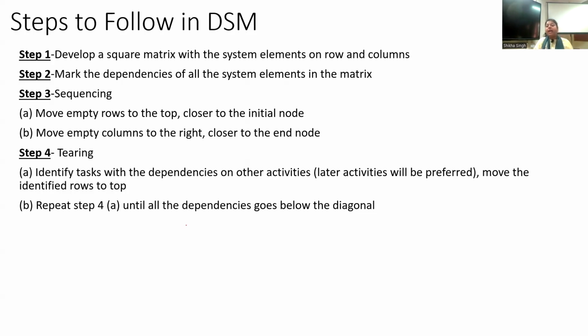And this pairing step is an iterative step basically, right? The target is to break down all those tears, or all those feedback or cyclic loops, so that the activities can be broken down into smaller pieces to avoid these feedback loops, right? So the agenda is to bring all the dependencies below the diagonal.